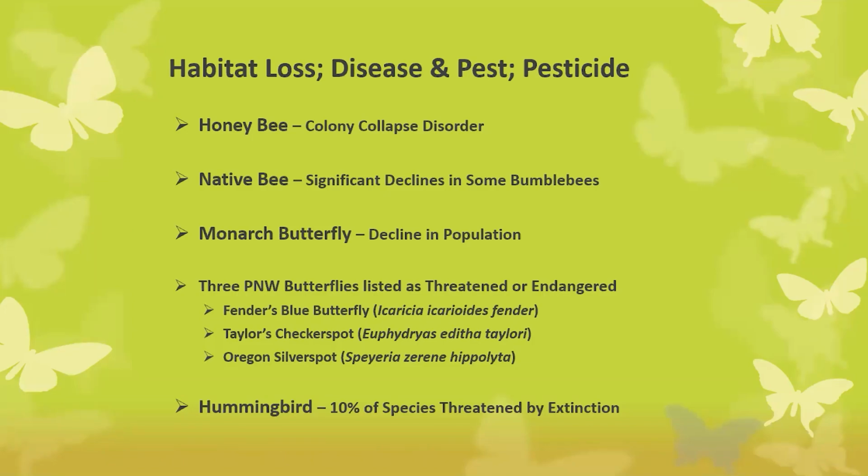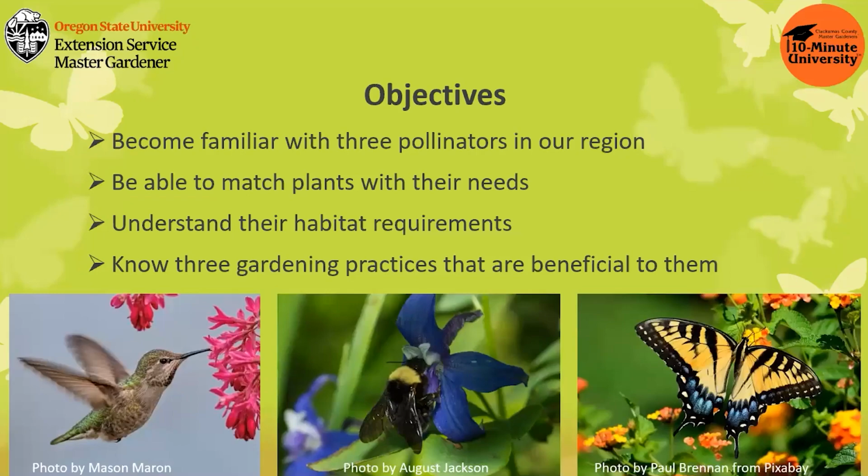In the Pacific Northwest, there are 3 species of butterflies listed as threatened or endangered: Fender's Blue, Taylor's Checkerspot, and Oregon Silverspot. So the problem is also close to home.